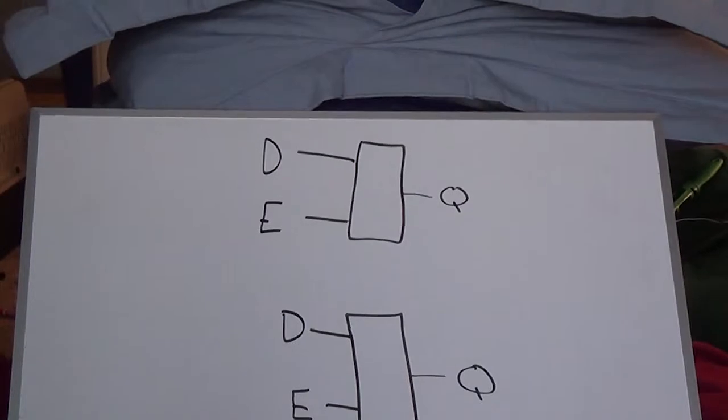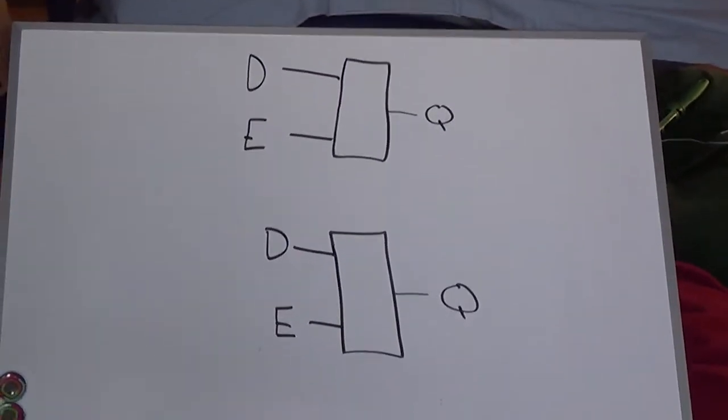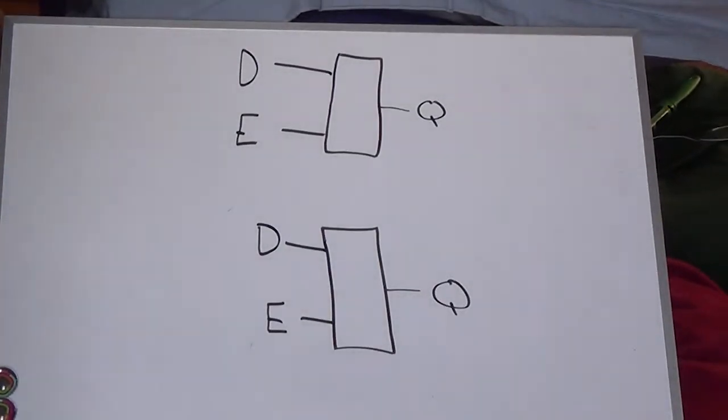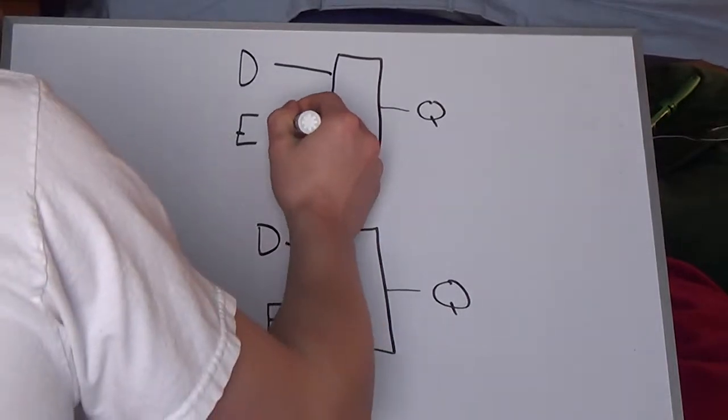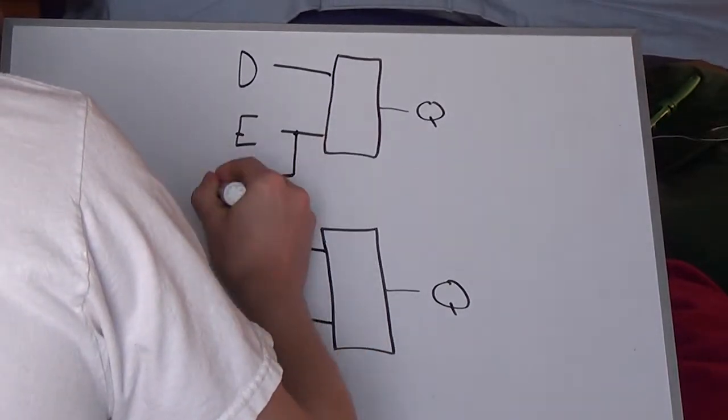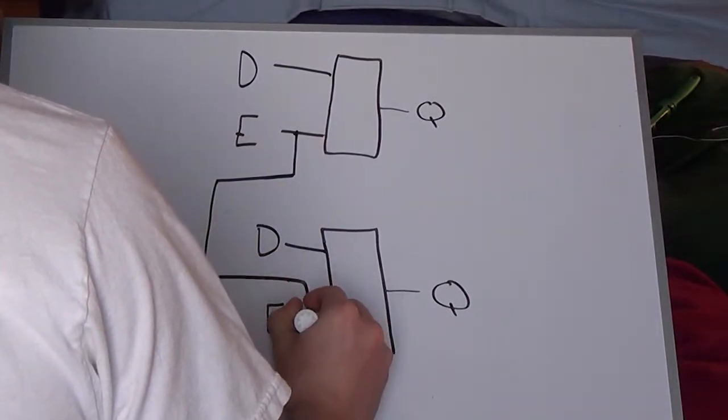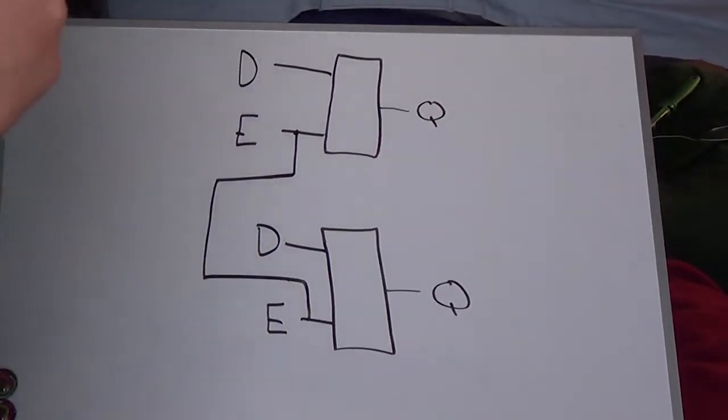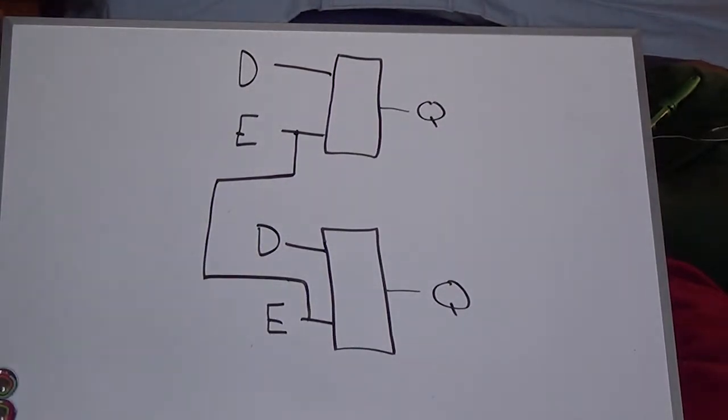So what I mean when I say they're in parallel is I'm simply tying the enables together. The enables are electrically connected, so when you send a signal to the enable of one, you're sending a signal to the enable of another. So you have a device that has, in this drawing only 2, but on the registers, 8 datas, 8 Qs, and 1 enable.